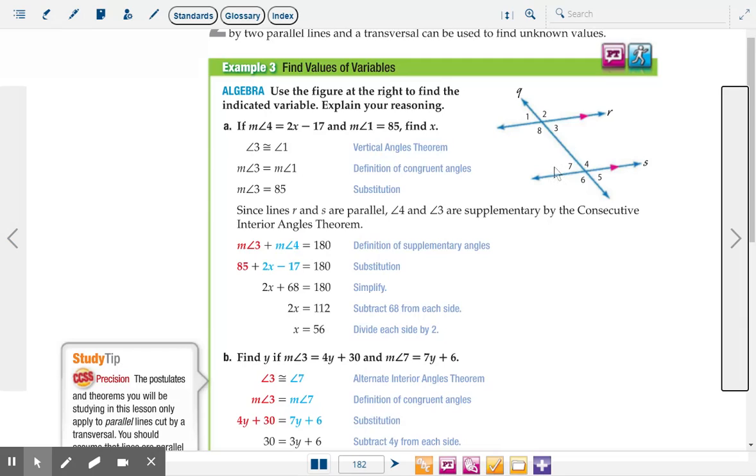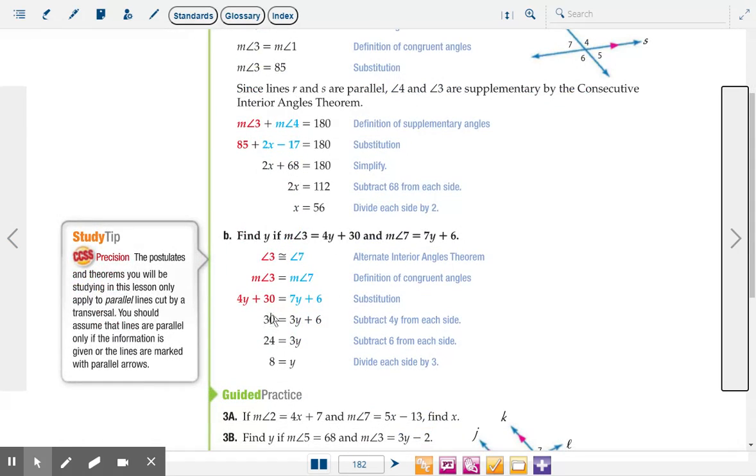Well, what do I know about alternate interiors? Are they congruent or supplementary? They're congruent. So this 4y plus 30 has to equal this 7y plus 6. That's what they did down here. And from there, it's just a matter of using the algebra.